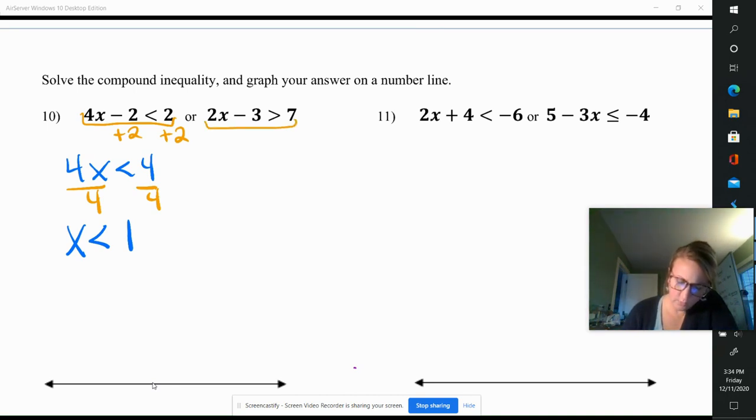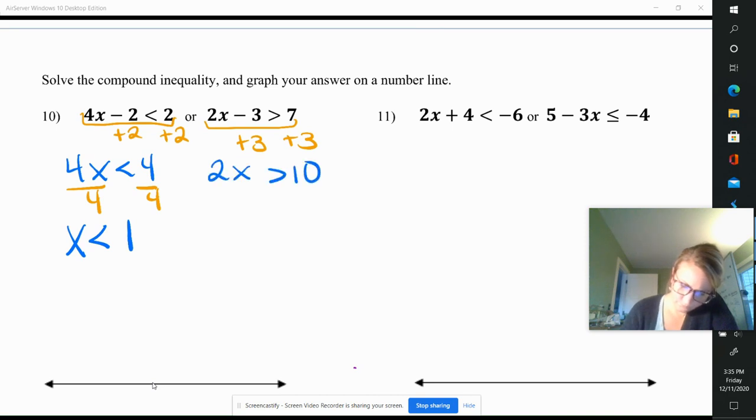Moving to the other inequality, we're subtracting 3, so we first want to add 3. Multiplying x by 2, so we want to divide both sides by 2.